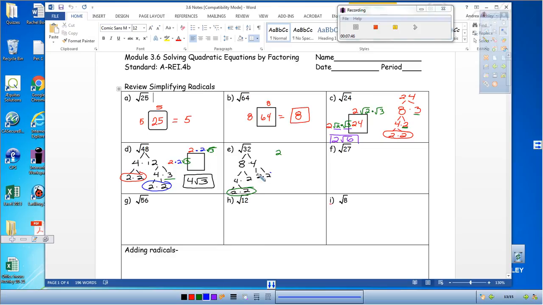I have another pair of 2's, so it goes on the outside. And then this 2 doesn't have a pair, so it's inside the radical. So the square root of 32 simplified is 4 square root 2. Any questions over that?